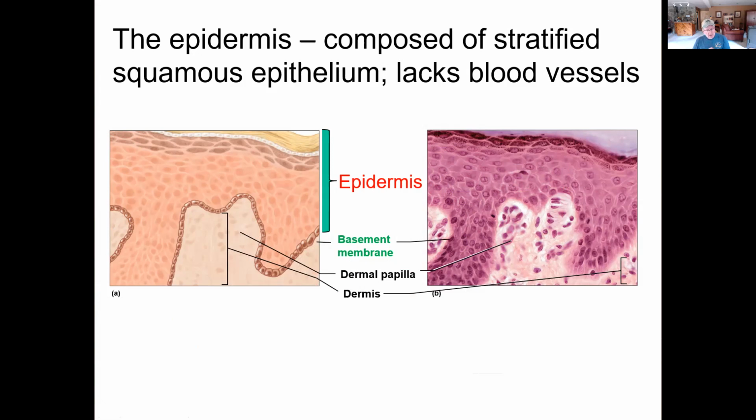Now remember, I said a moment ago, the epidermis lacks blood vessels, but we're in the dermis here. So the blood vessels can make it as far north, if you will, as the dermal papillae. They can get right next to the basement membrane. And they're typically found, the blood capillaries are, in these little finger-like dermal papillae.